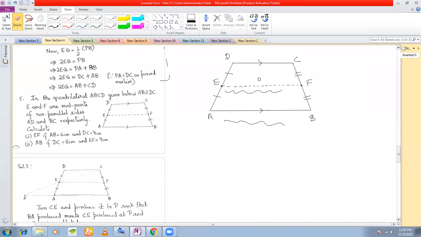So let us find it once again. This time it is a little different because E and F both are given to be the midpoints of the sides. Now we proceed exactly similarly in this problem also.